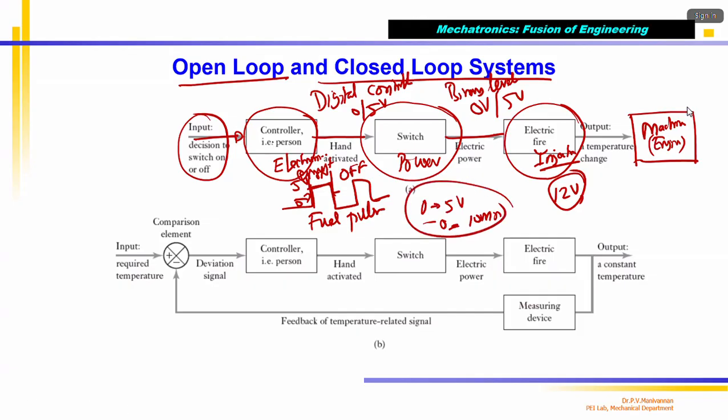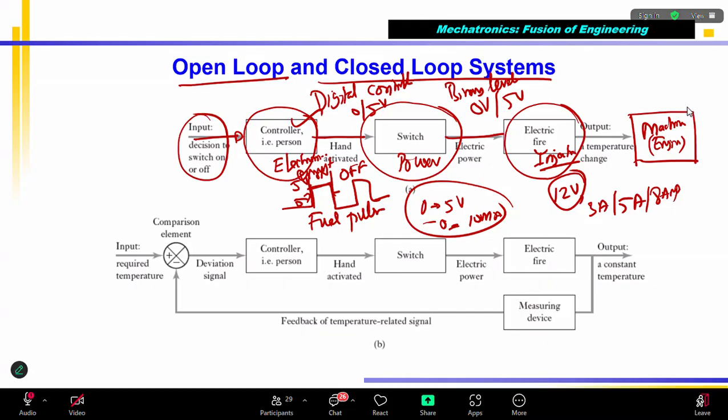Beyond that, the electronic circuit or ECU cannot develop more than 0 or 5 volts, and the current is a maximum of a few milliamps, 10 milliamps or something like that. If you directly give that to the injector it won't work, because the injector wants 12 volts and 3 amps or 5 amps, something like 8 amps, depending upon the stroke length of the injector.